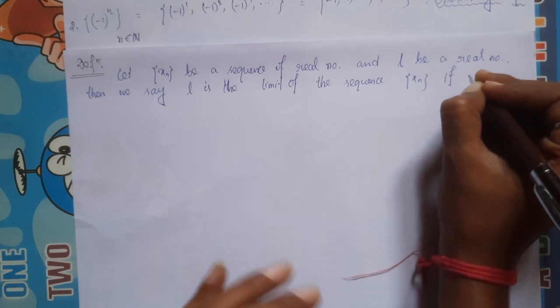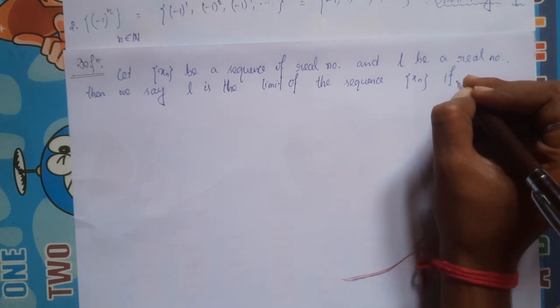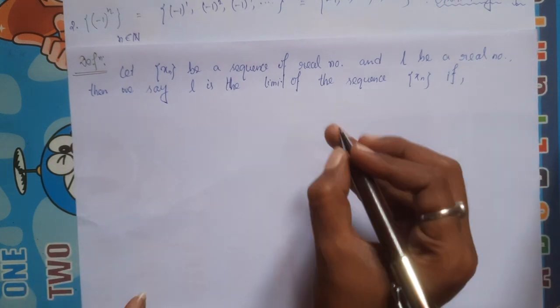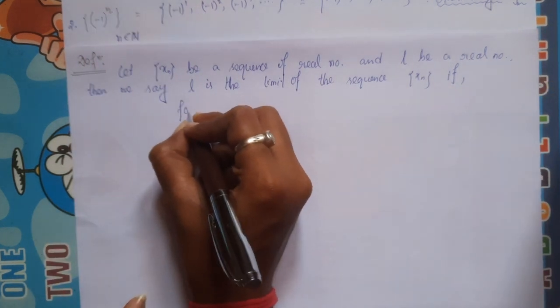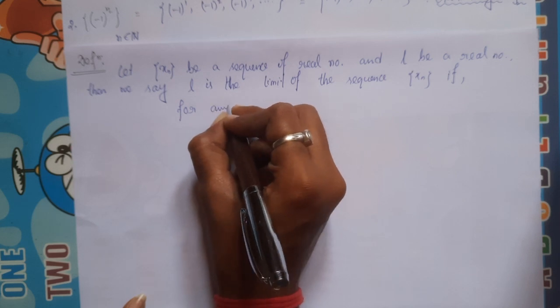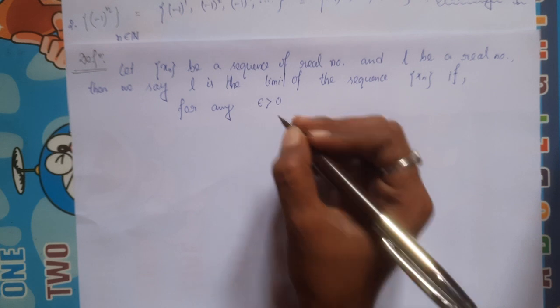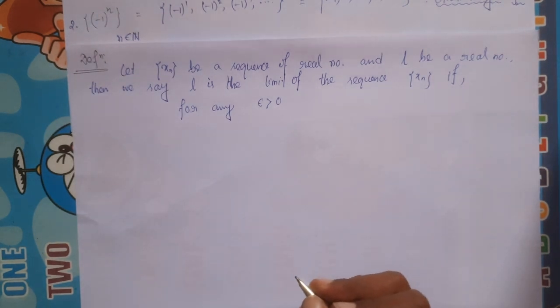if, now the actual condition, the actual properties start. So if, let us focus on this, if for any epsilon greater than 0, as a mathematics student you already know that epsilon is a very small positive number.